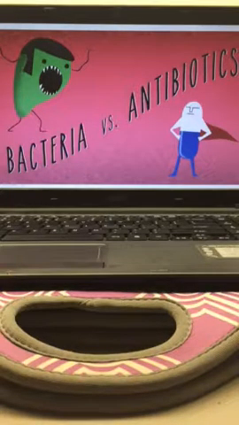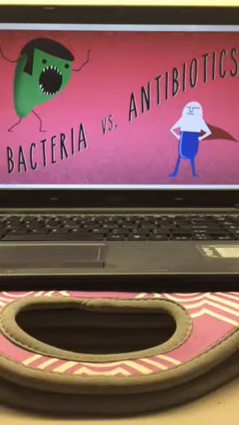So a person may ask, well, what are the main factors that predict which is most likely to happen? There are three main factors that predict which will most likely happen when antibiotic resistance occurs.